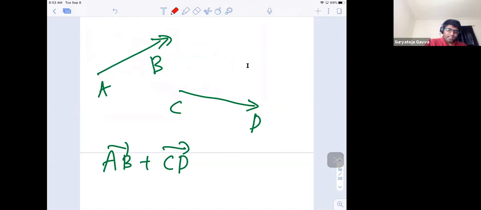Geometrically, I'm not able to add because I can't close the thing. So you put tip to tail. Yes, that's the idea. So I just move CD to here because as I said, vectors can be shifted.